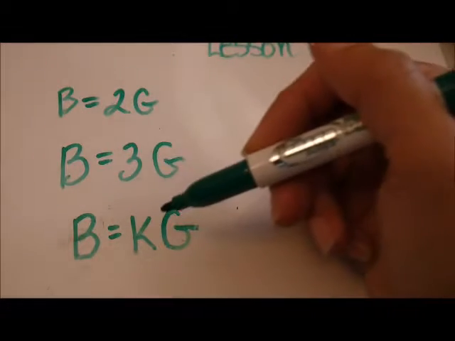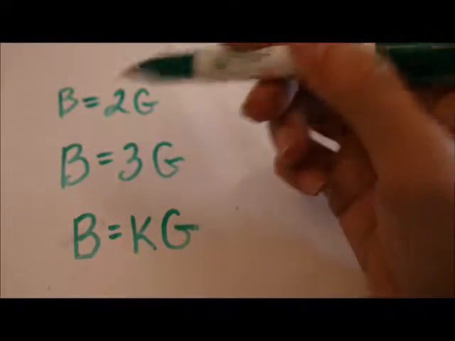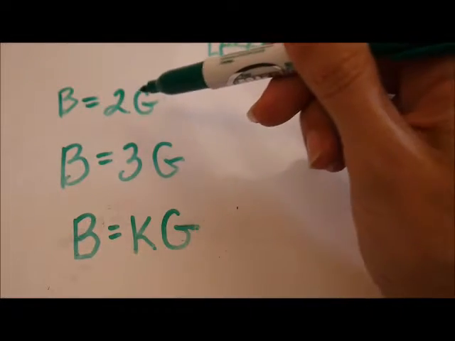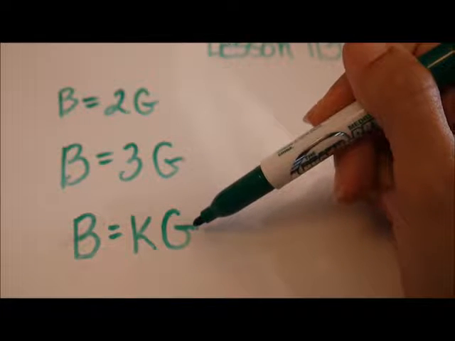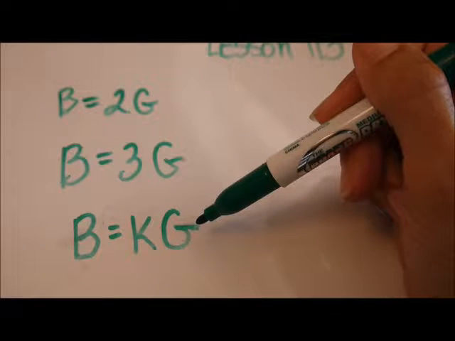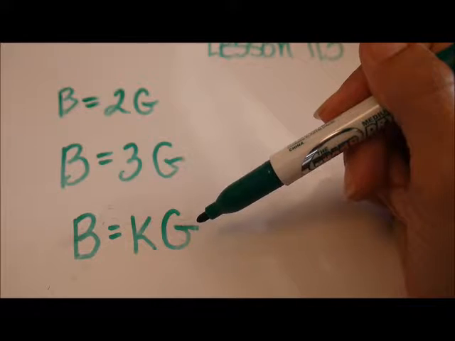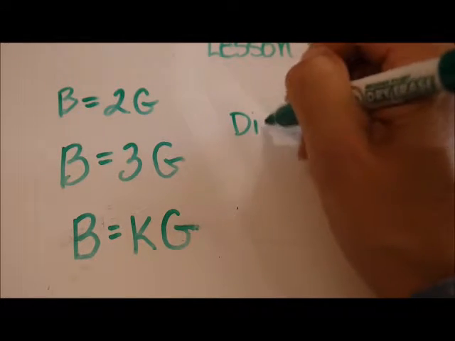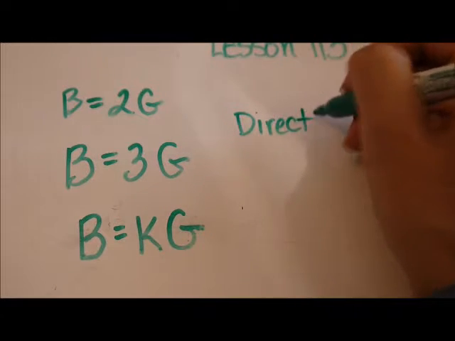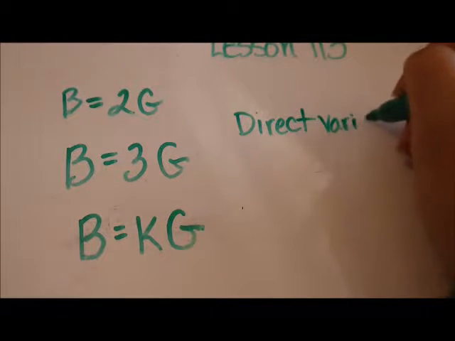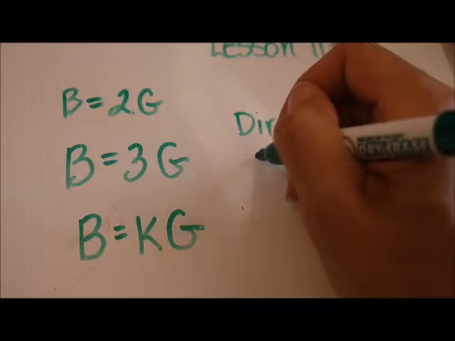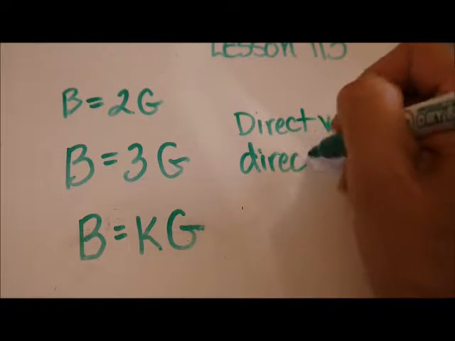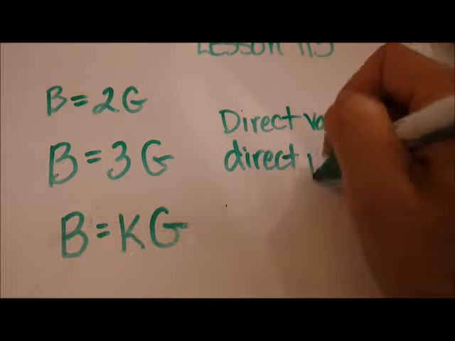Whenever we have a relationship like this, where one variable is expressed as a constant times another variable, it is called direct variation. Okay? You will see it written like this: direct variation, or we would hear or see direct proportion.